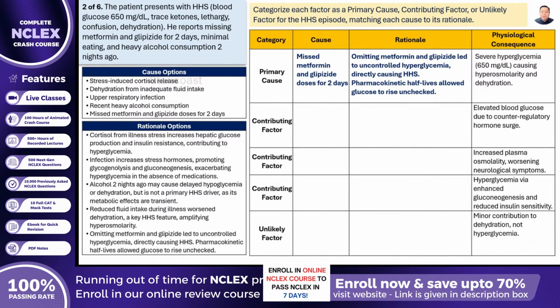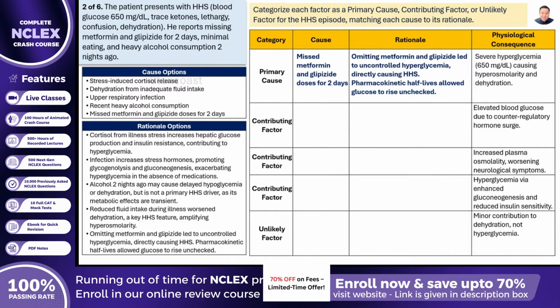So remember that metformin is going to help the body respond better to insulin. It's going to lower the blood sugar made by the liver, whereas the glipizide is going to help the pancreas release more insulin.